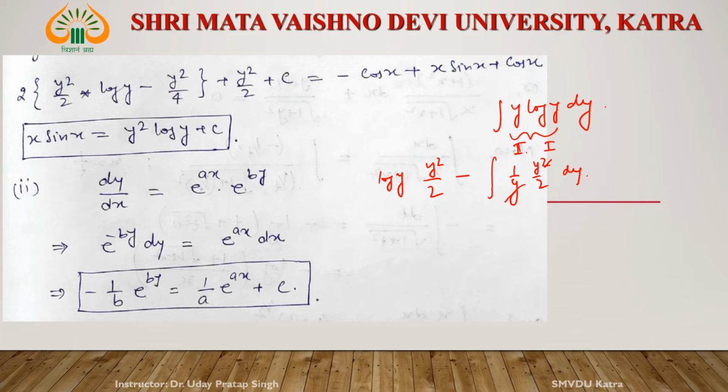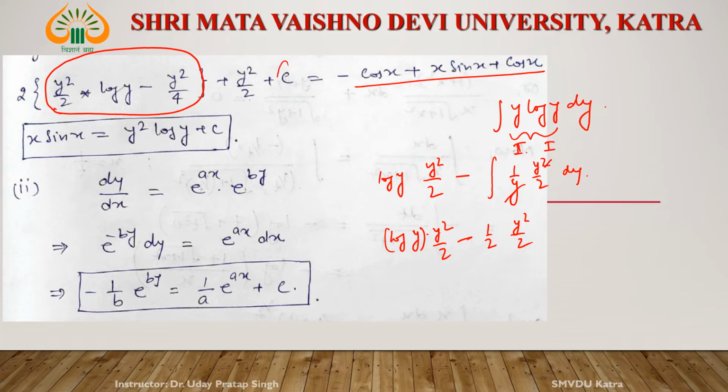So log y into y square by 2, minus 1 by 2 times the integral of y, that is y square by 2, plus the integral of y square by 2, and similarly integrating sin x cos x. The constant of integration is here. After simplifying, you get it. You know how to integrate these equations.